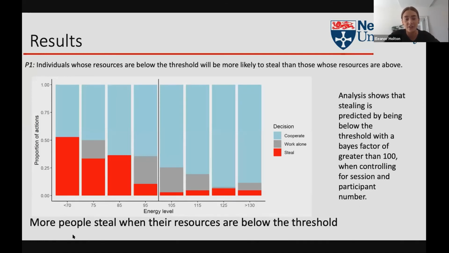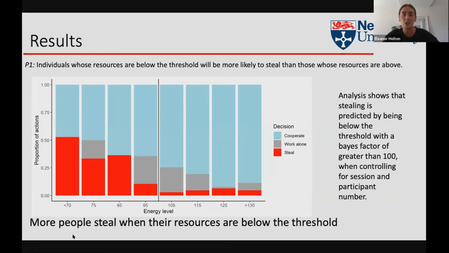So we did find evidence to support our first prediction, revealing that more people do steal when their resources are below the threshold than above. So you can see, marked by the black line down the centre of this graph, that shows the desperation threshold on 100 points. As you move below, the red bars mark the proportion of people within that energy level stealing. And you can see that we do change to a higher rate of stealing when below the threshold.